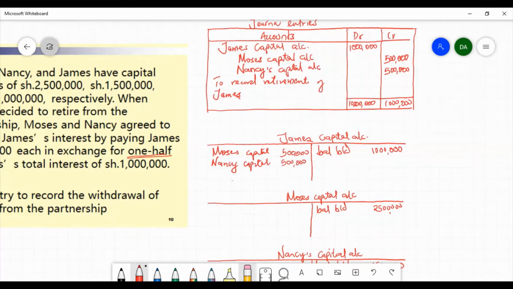That therefore closes the capital account of James. Now that James has retired from the partnership, there is no balance because the total of 1 million has been compensated.